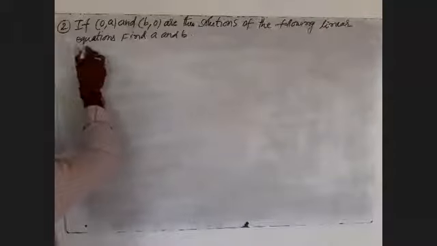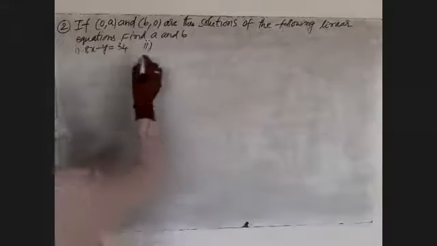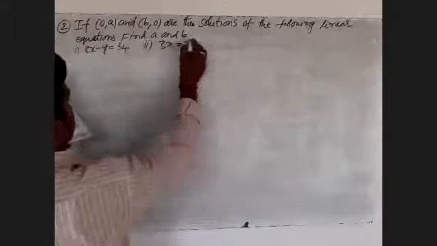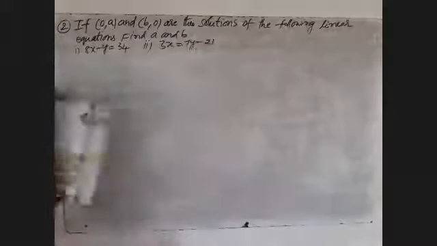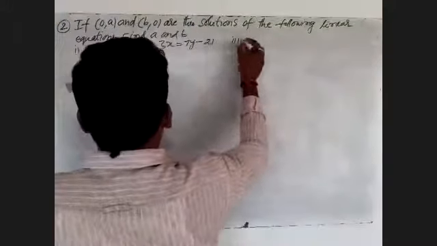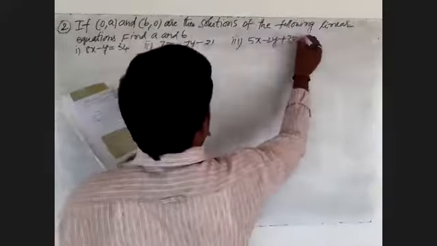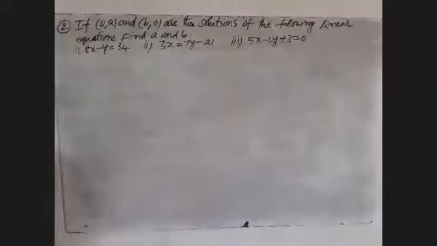Here the first problem is 8x minus y is equal to 34. The second one is 3x is equal to 7y minus 21. The third one is 5x minus 2y plus 3 is equal to 0. Let's observe the first one.